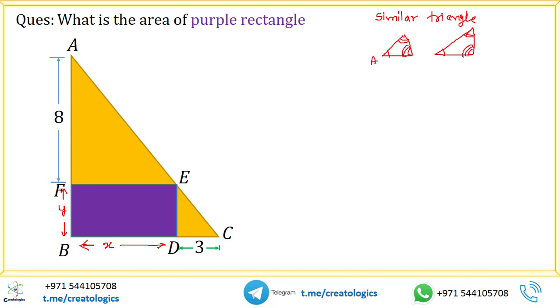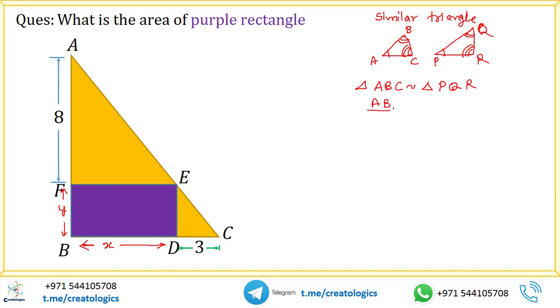Then we say these two triangles are similar. Let's say ABC is the first triangle and PQR is the second triangle. If triangle ABC is similar to triangle PQR, then the ratio of the sides are equal, or you can say sides are proportional.